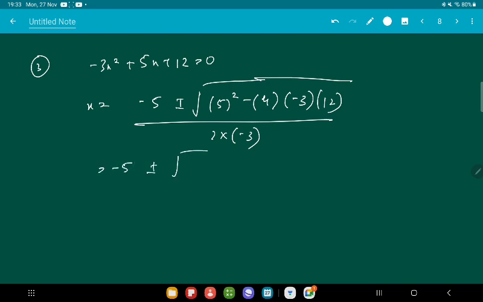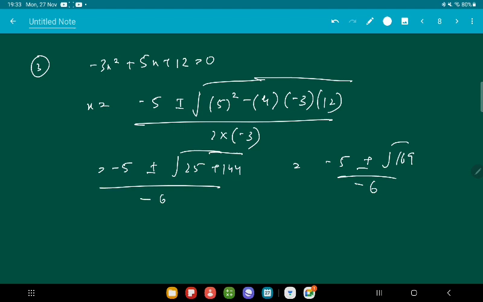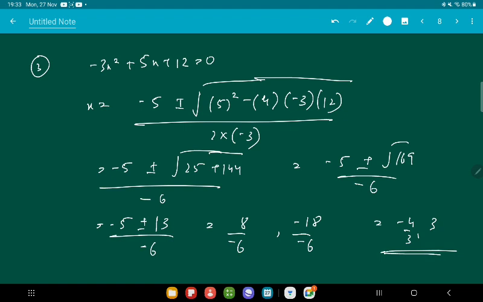So minus 5 plus minus under root 25 plus 144, upon minus 6, root 169. Minus 5 plus minus 13 upon minus 6, and minus 18 by minus 6, which you will get minus 4 by 3 and 3. This will be the final answer.